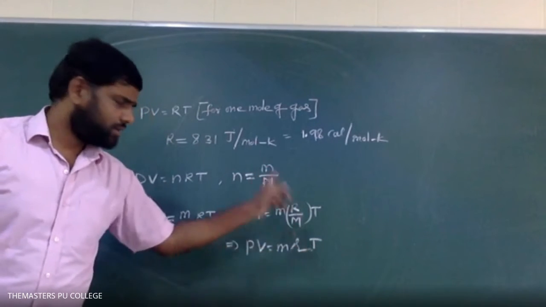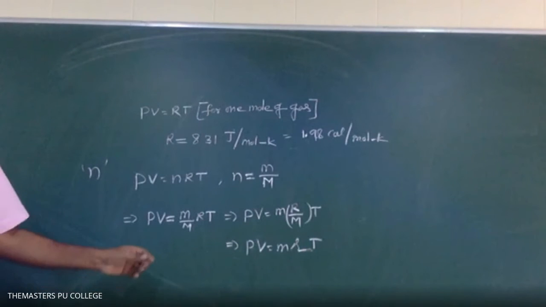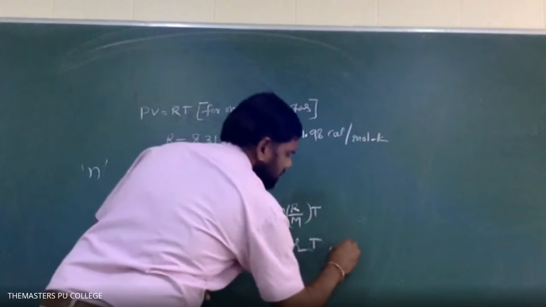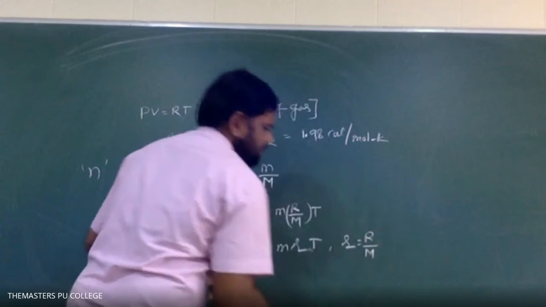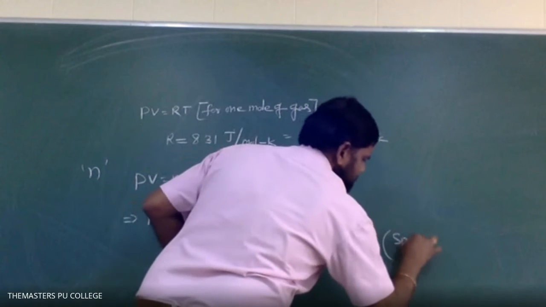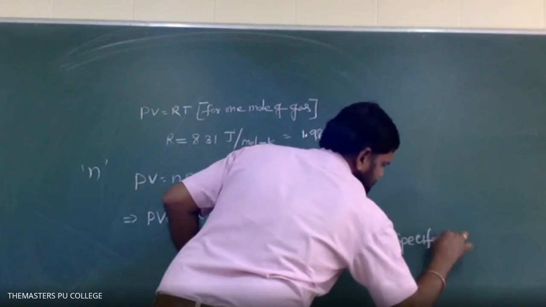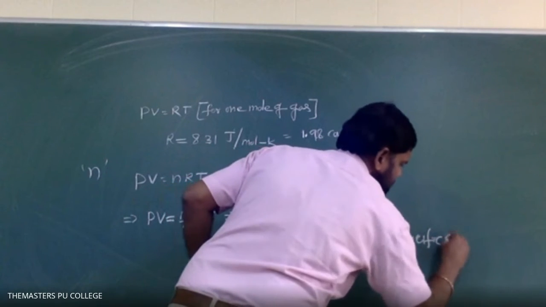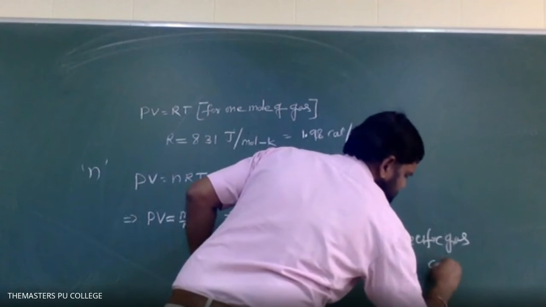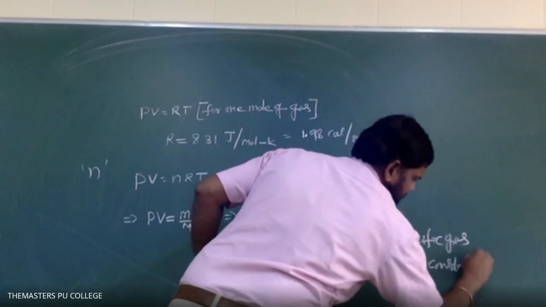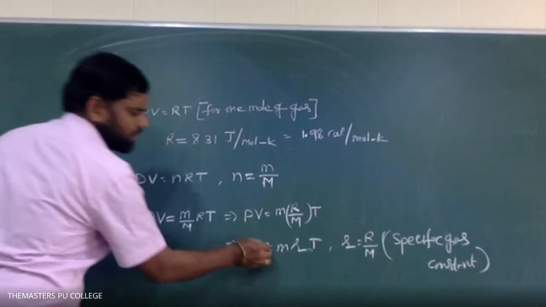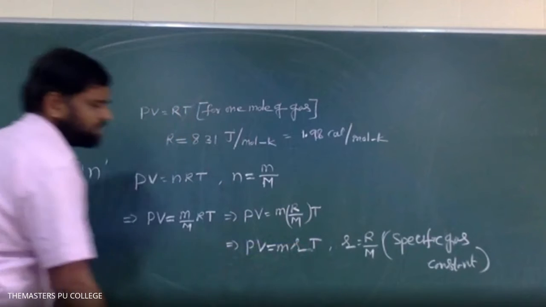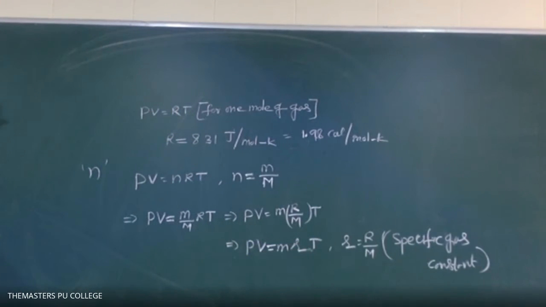So PV equals mrT, where r is equal to capital R by M. We call it the specific gas constant. PV equals mrT for m mass of gas.